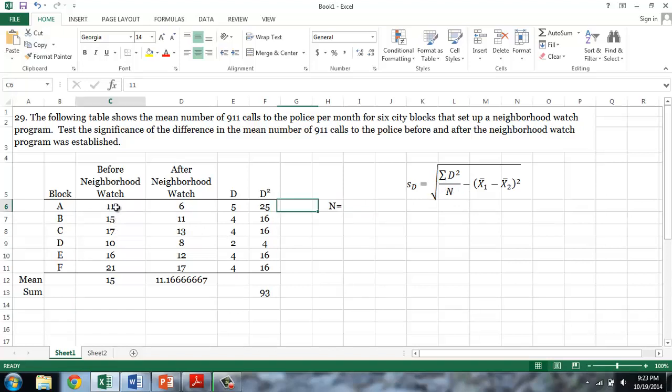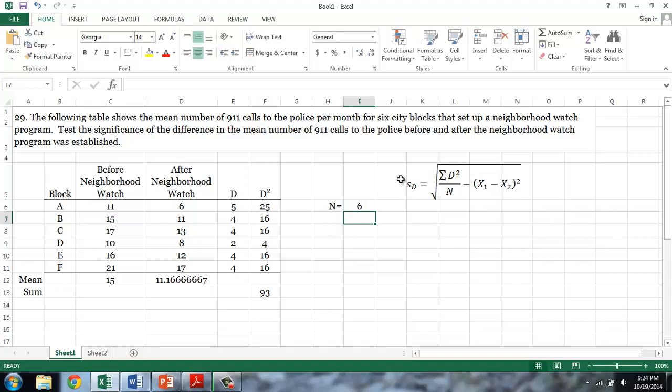As you can see, there are 12 pieces of data, and so it's tempting to think that the n is 12. However, that's incorrect. For our problem, the unit of analysis is blocks, and in this case, there are 6 blocks, A through F. So our n is equal to 6.